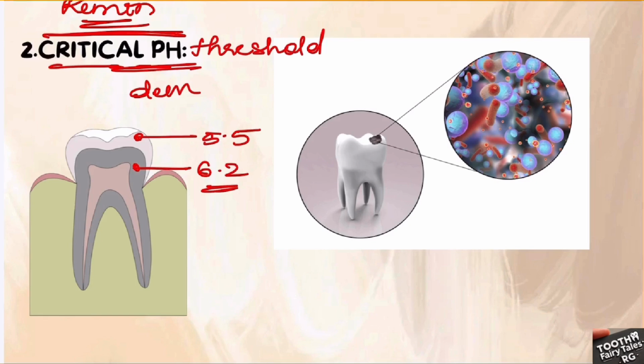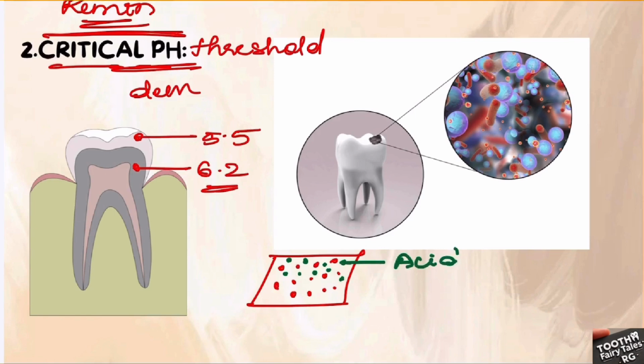So when the pH in the biofilm is dropping below these levels, as already discussed, because of the fermentation of the sugars by the bacteria in the biofilm, acids are produced, turning the biofilm environment acidic.